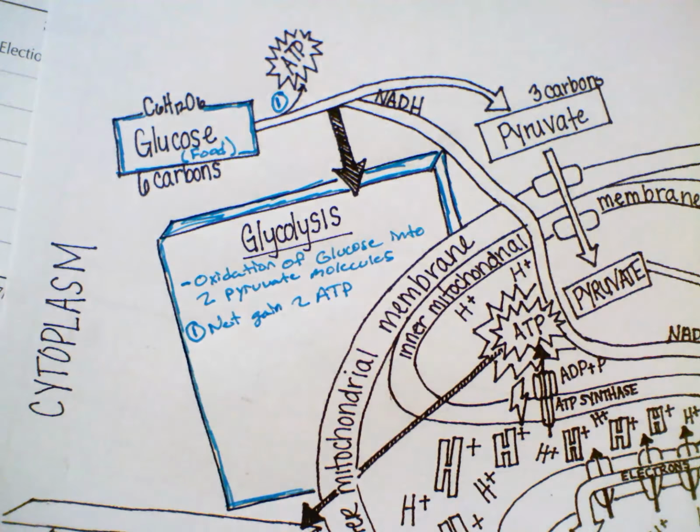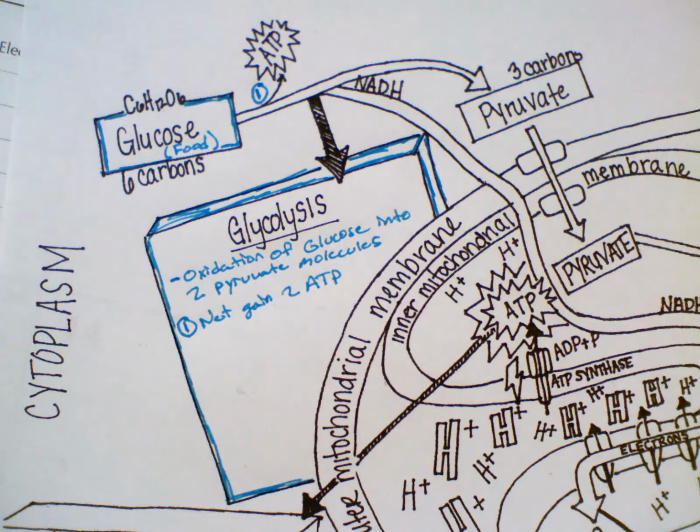Now we have that because in glycolysis we have to invest 2 ATP up front to start to break down, to start to fully oxidize the glucose into pyruvate. But then on the back end we generate 4 ATP. So 2 go in, but 4 come out. So we have a net gain of 2. Right? Okay. Yeah, it is a good deal. But it's not very much. It's not enough, but hey, it's something, right?